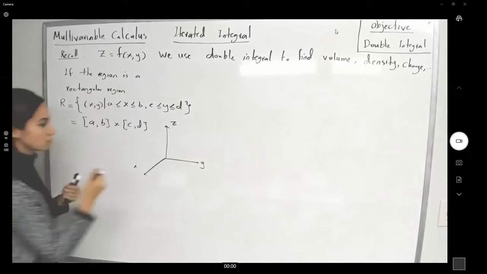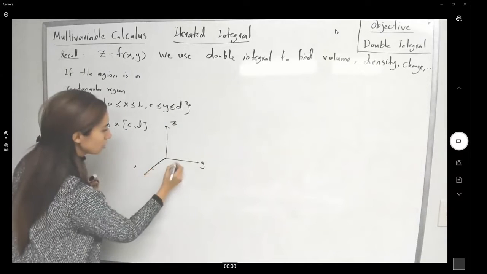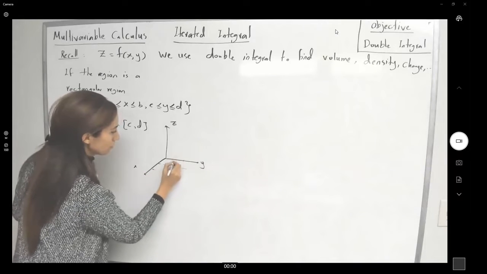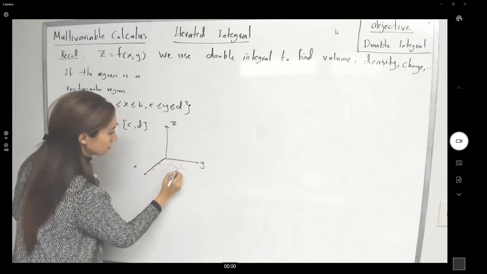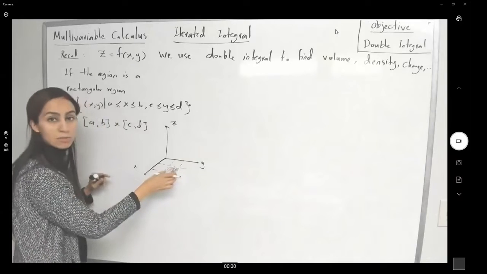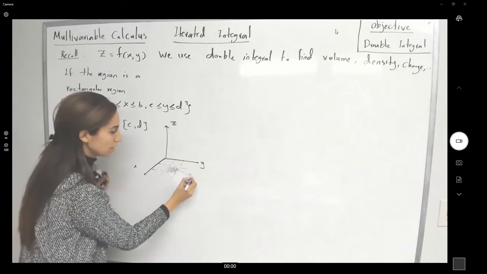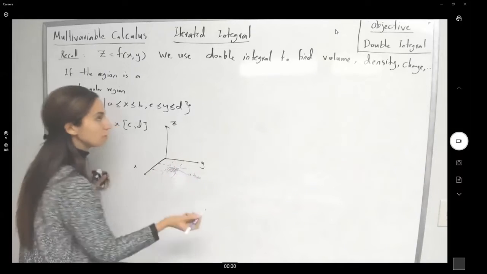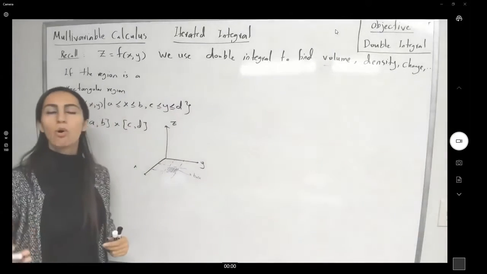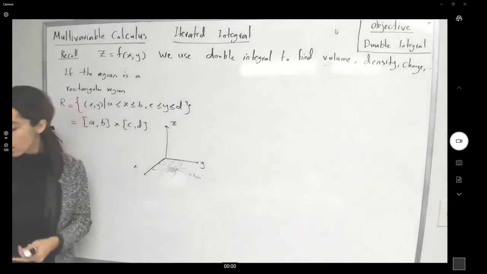This is a rectangular region that we have. This is our region, and this gives me the area, the base. If you're thinking about the volume, you already have the base, you only need the height. Well, where is the height?